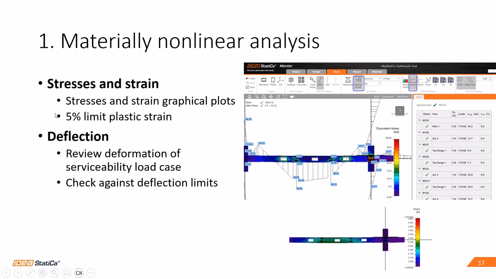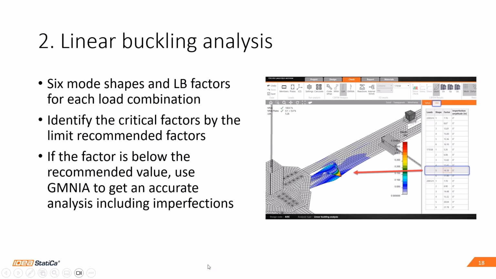In the stress and strain part, we also have this 5% limit on plastic strain. If a portion of the beam has more than 5% plastic strain, it will tell you that that plate is failing. This follows the same procedure we have in IDEA StatiCa Connection. Then for the deflection, you can review the deformation of the serviceability load case and check it against deflection limits. That's how you review results in this first analysis.